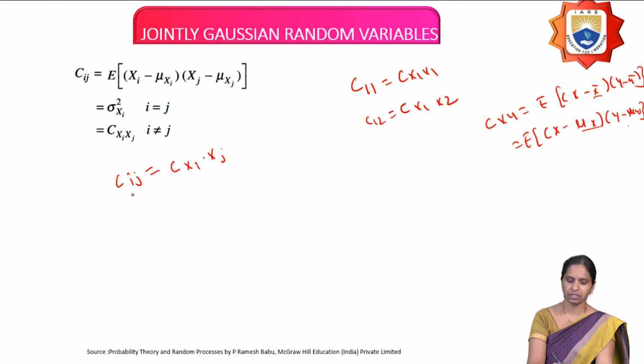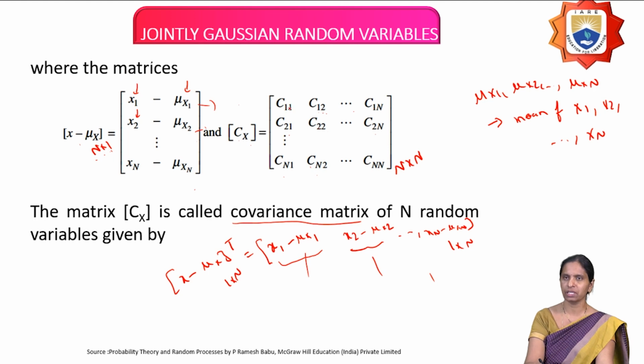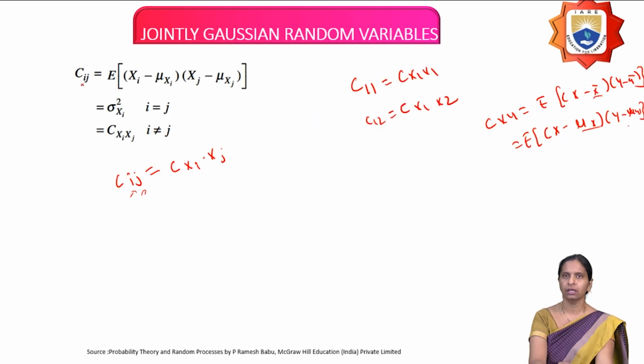And this represents the ith row and jth column. So C11 represents first row, first column. C12 first row, second column. Similarly, Cij is the ith row and jth column, the covariance between the xi random variable and the xj random variable. Then what is the formula here? Cij equals expectation of xi minus mu xi into xj minus mu xj.